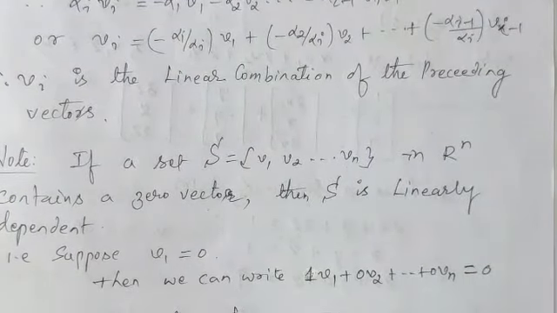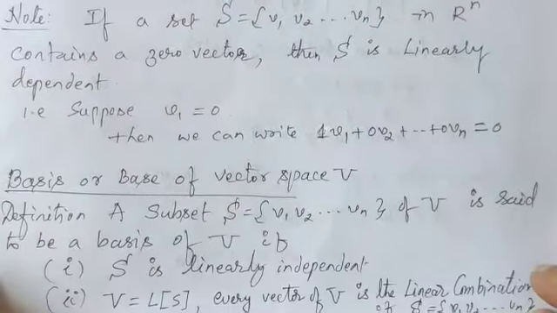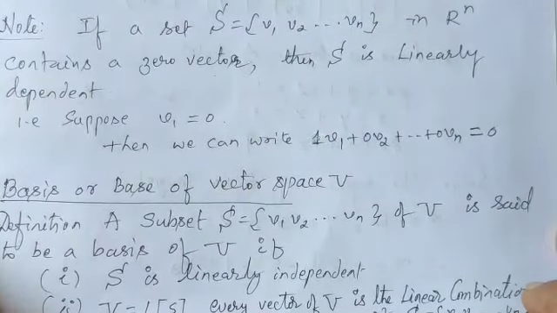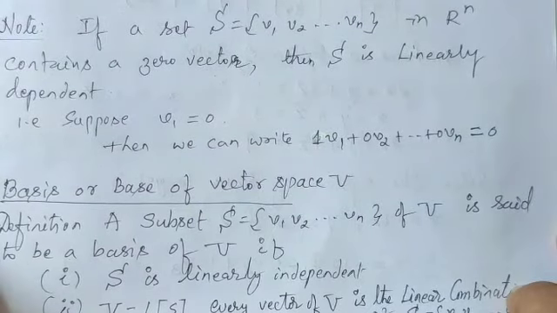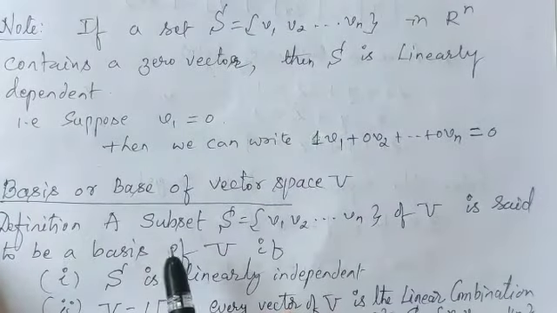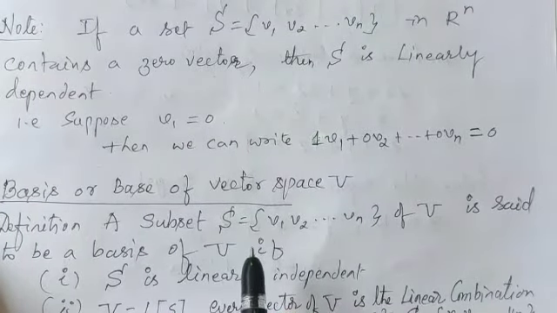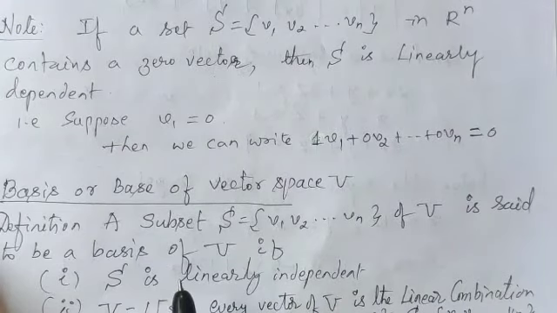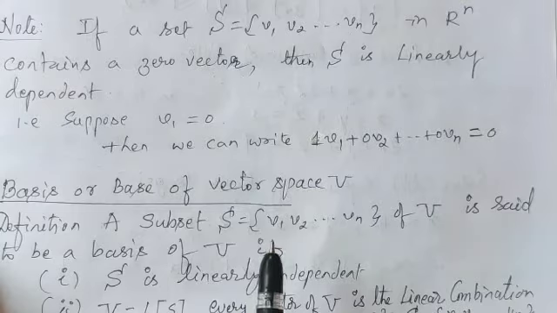So next we move to the next concept, that is basis of a vector space. The simple definition for a basis: a collection S of vectors V1, V2, etc., Vn of V is said to be a basis of V if, the first condition, it is linearly independent. No vector depends on the others; you cannot express any of the vectors with the help of the other vectors.